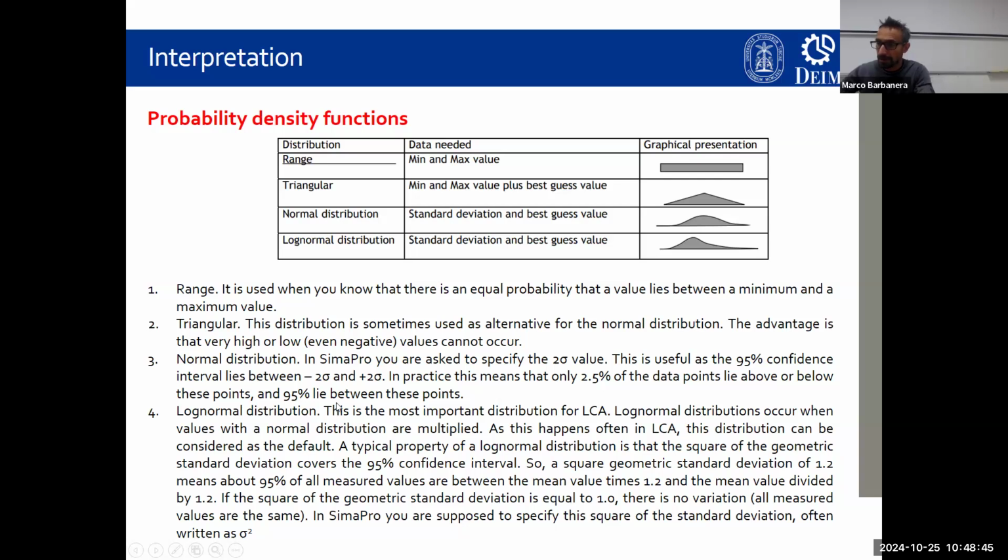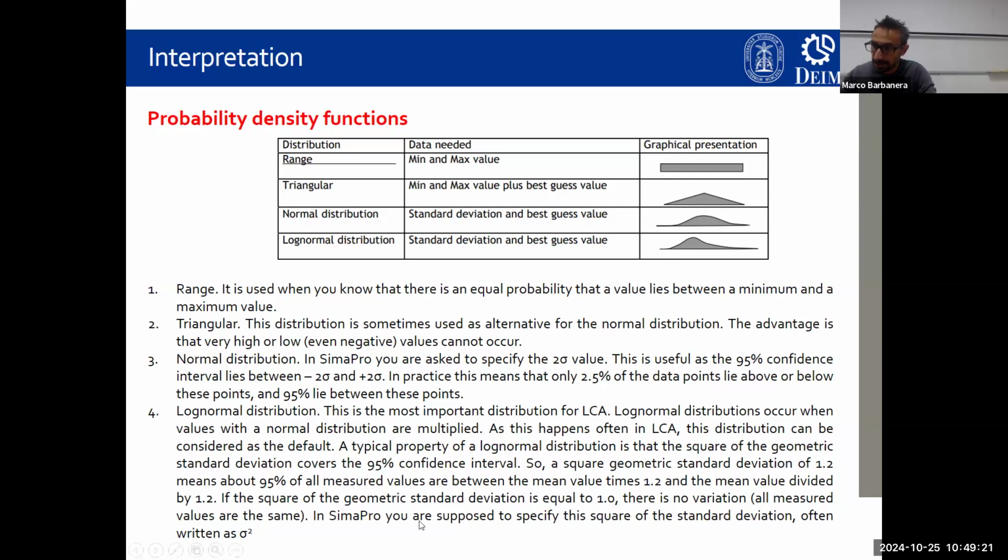So from this consideration, I don't know if in the last lesson my colleague has shown you the cells in the unit process in SimaPro, where you have to define the information, the data for uncertainty analysis.